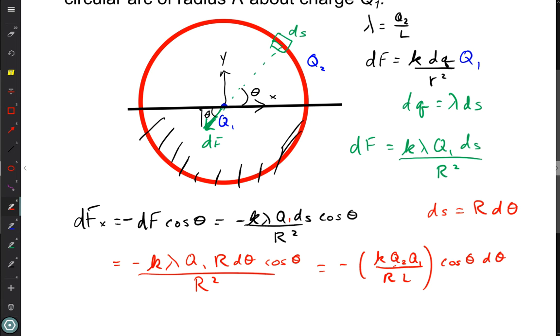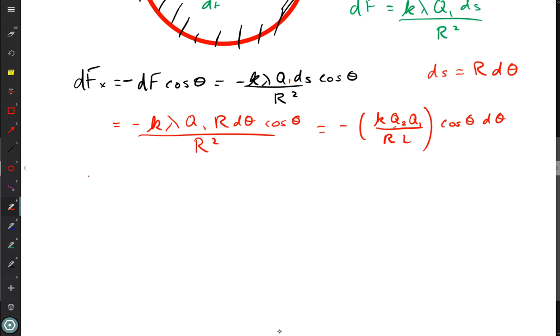So now my dFx is just an integral of a constant times cosine theta d theta. Pretty sure everyone here can do the integral of cosine theta d theta. So let's do that. And now we have to do what Nate was saying. We have to put in our limits, put in my constant out front.